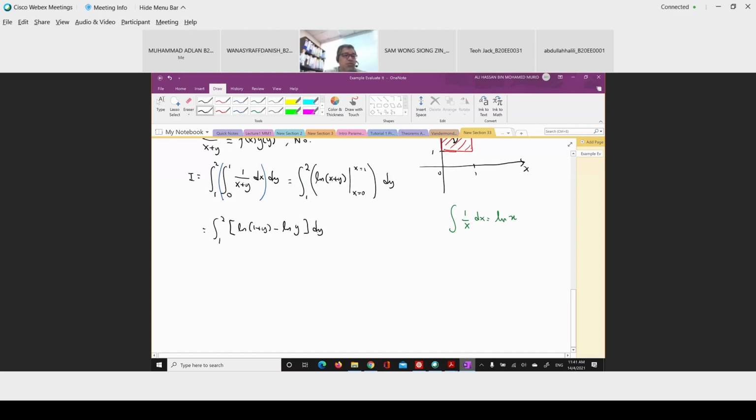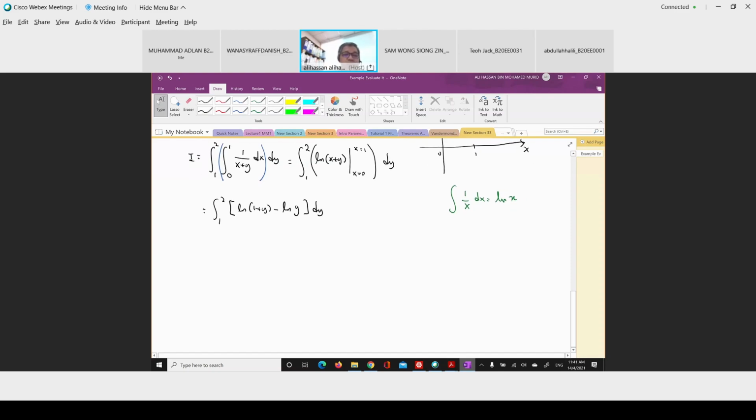Okay, so now it reduces to a single integral here. You can write this as a difference of two integrals, the integral of ln 1 plus y dy minus the integral of ln y dy. Remember, what is the integral of ln y dy?